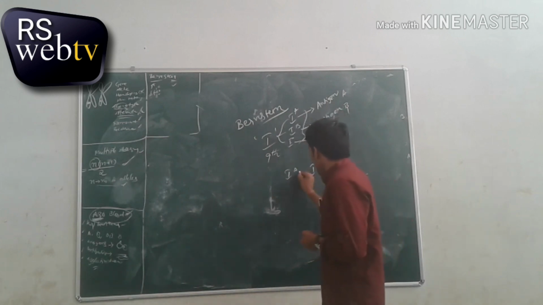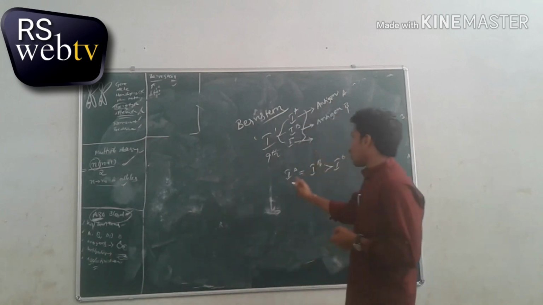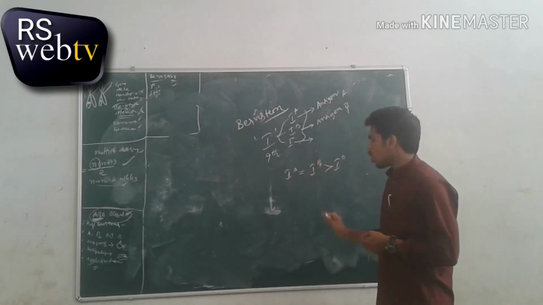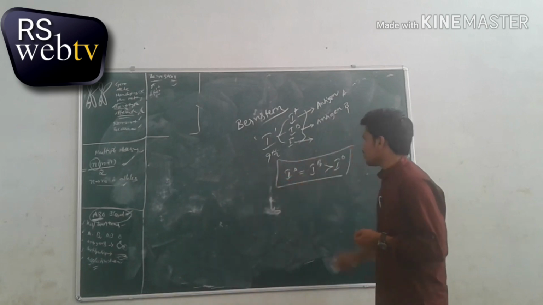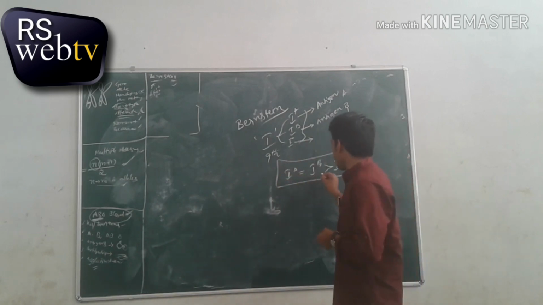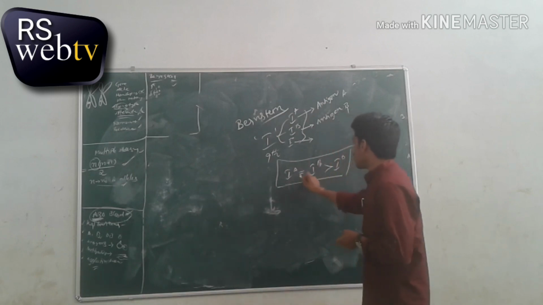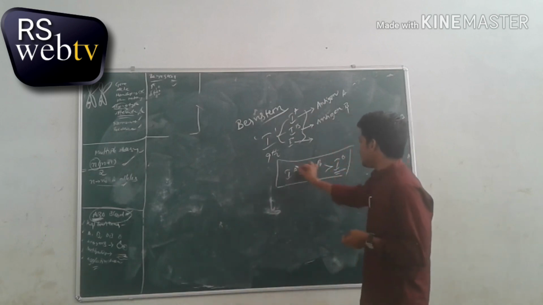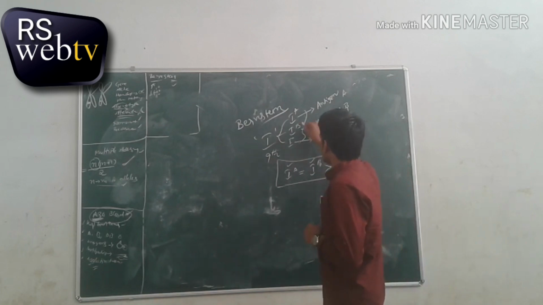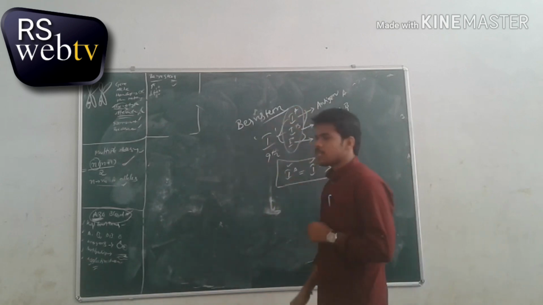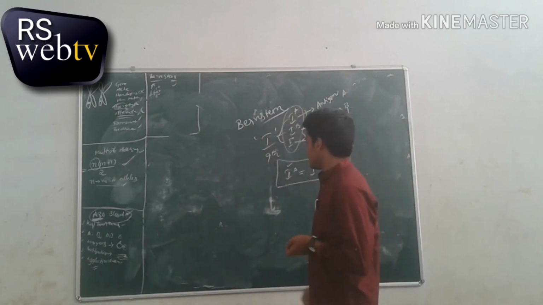IA and IB are codominants. This is the equation: IA = IB > IO. IA and IB are codominants, and these 2 are dominant over IO, and these 2 are dominant characters. IO is the recessive character.